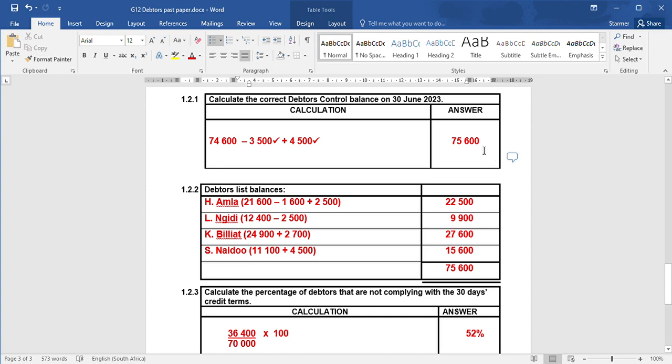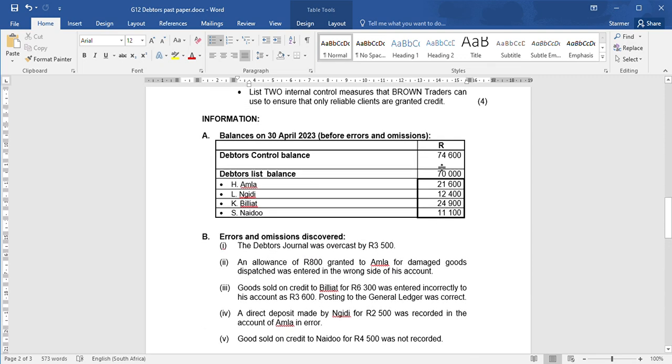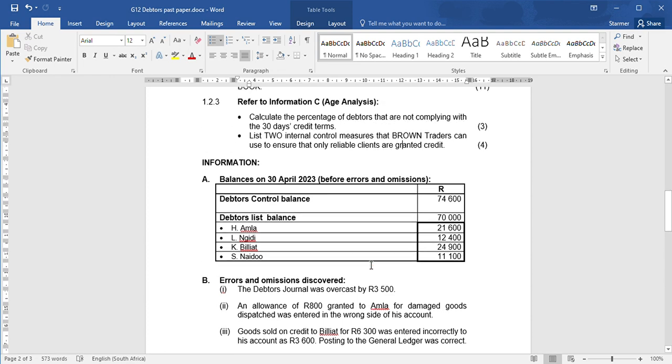So we've reconciled the differences. If you look here, the balance was different to the debtors list total. Now we've fixed up the errors, we've reconciled the differences. So now the balances, totals are the same.